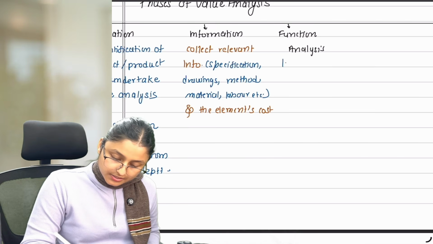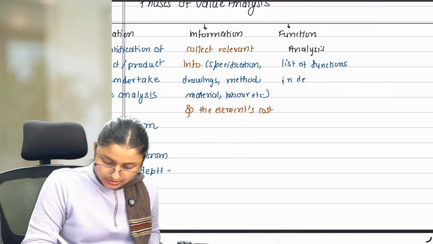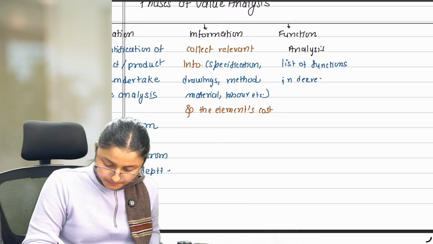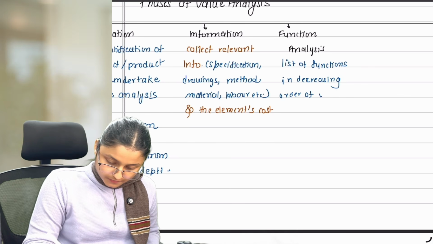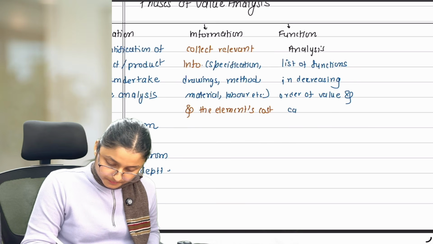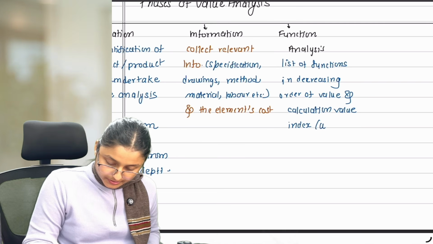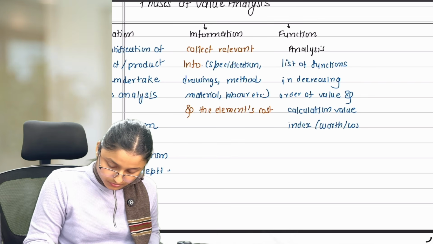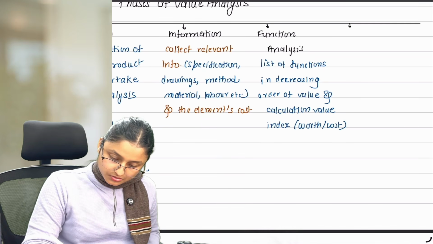Here we will list all the functions in decreasing order of value, and we will calculate the value index, that is, worth divided by cost. Done. Next is the innovation stage.